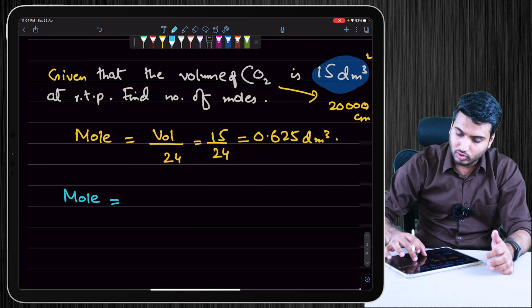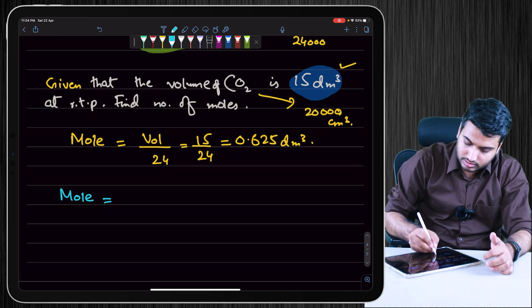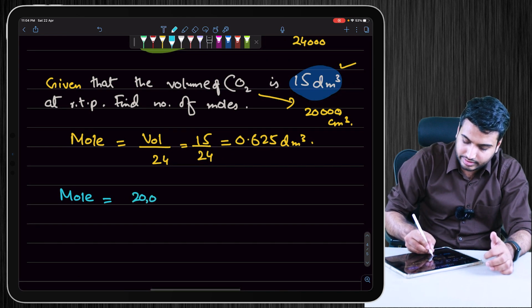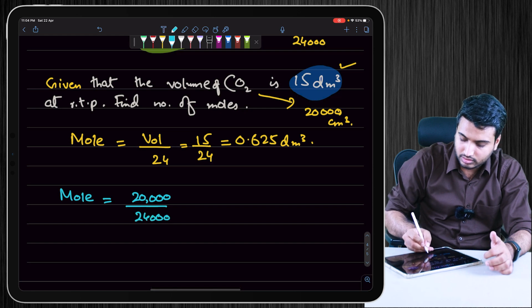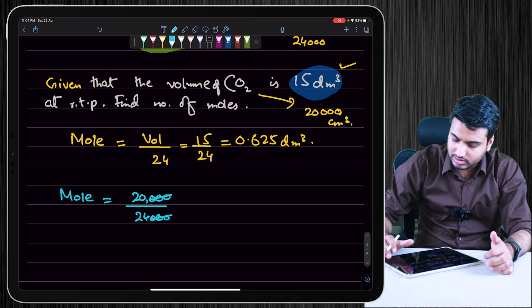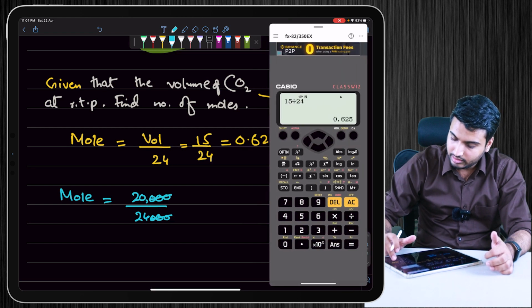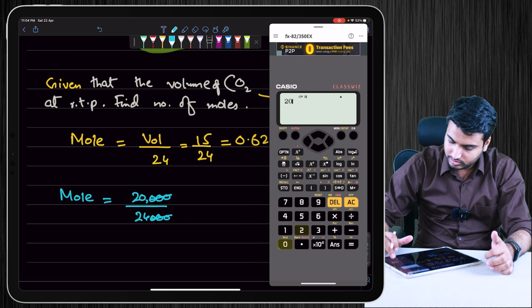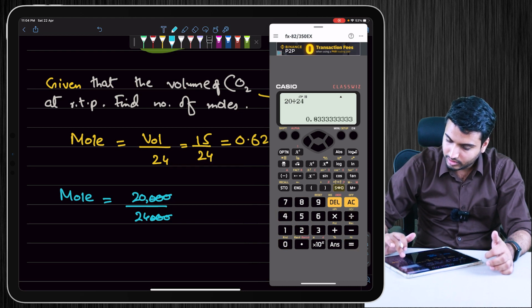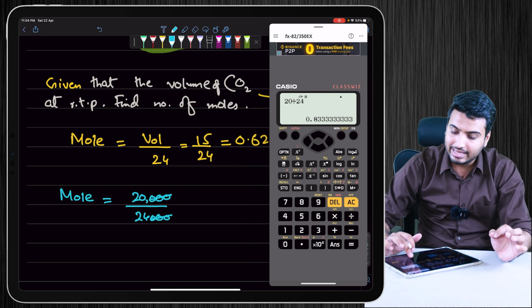Okay, so the given volume is 20,000 centimeter cube. 20,000 divided by 24,000. All right, so when we do the division process, 20 divided by 24, so we get 0.833.